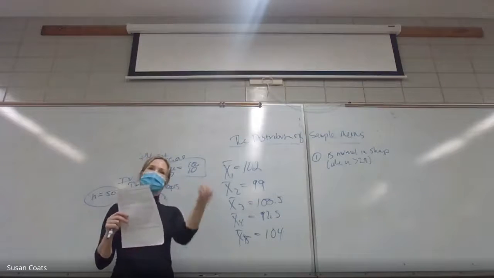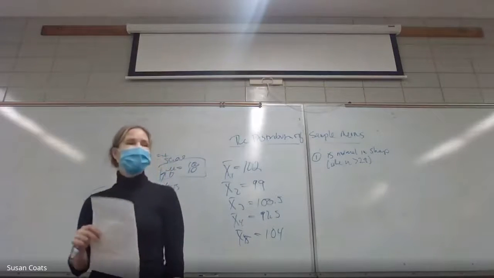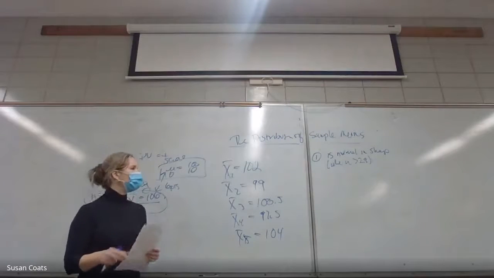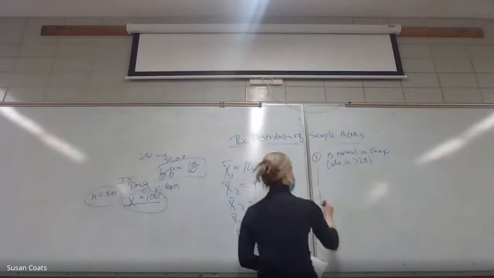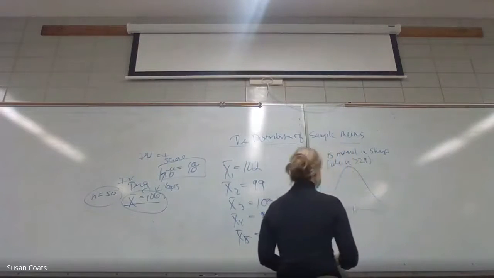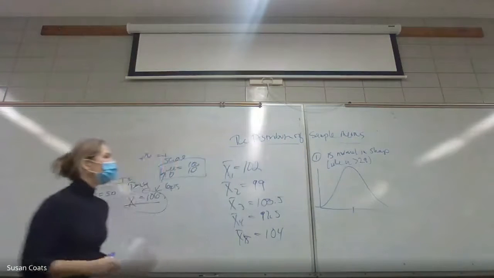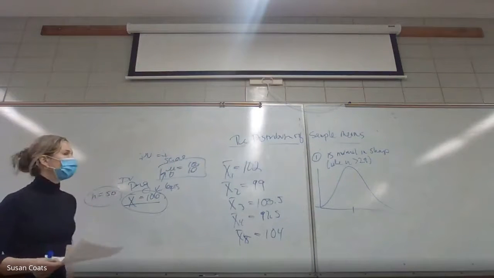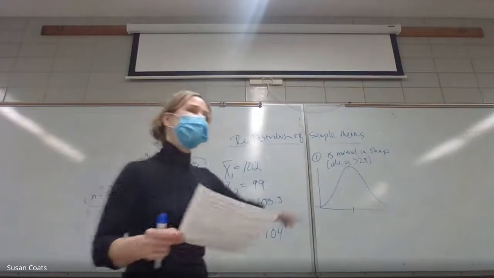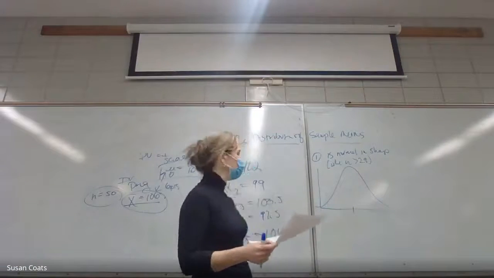So every entry into that graph represents the mean of 50 individuals, a sample mean. So the distribution is normal in shape, as long as you've got decent sized samples. All that we learned about the normal distribution is applicable here. That's very handy.